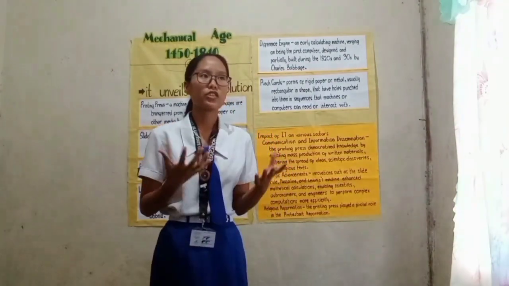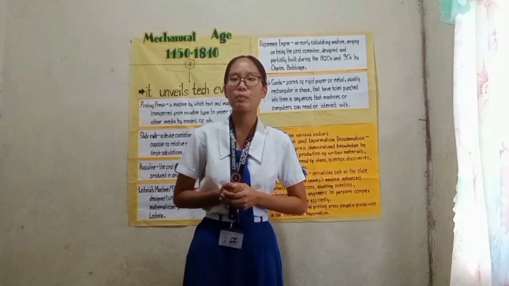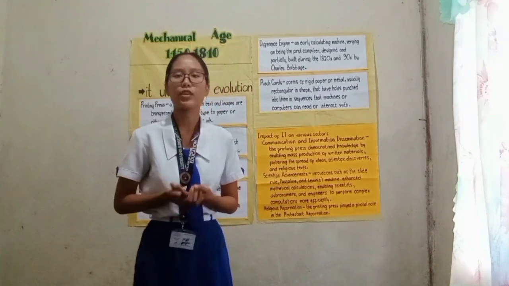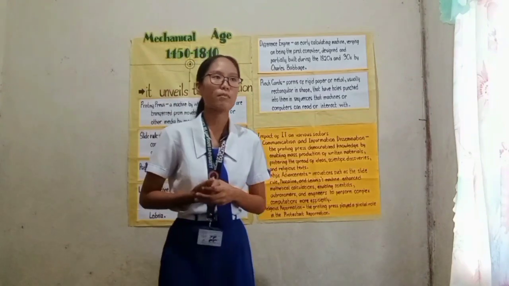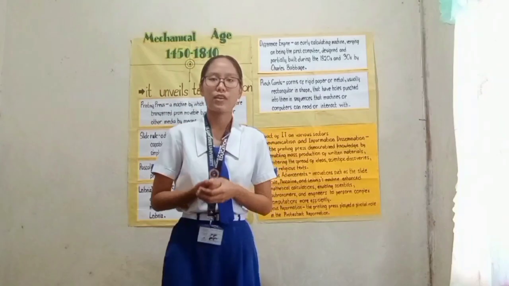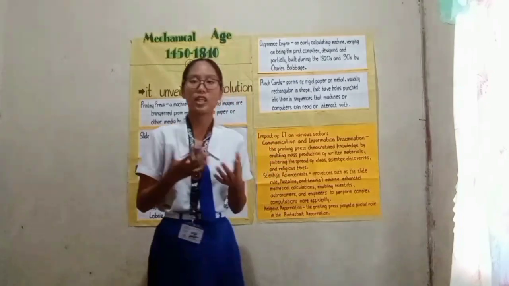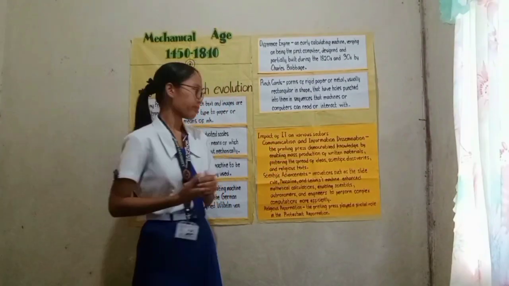Prior to the invention of the printing press, only the elite or wealthy people could access printed materials or information. But after its invention, the masses were able to access printed materials, information was disseminated so fast, and communication became easier.